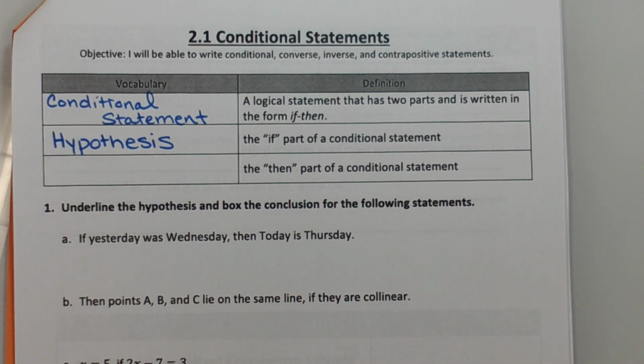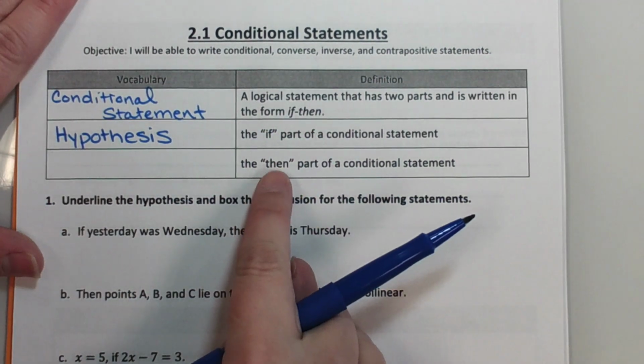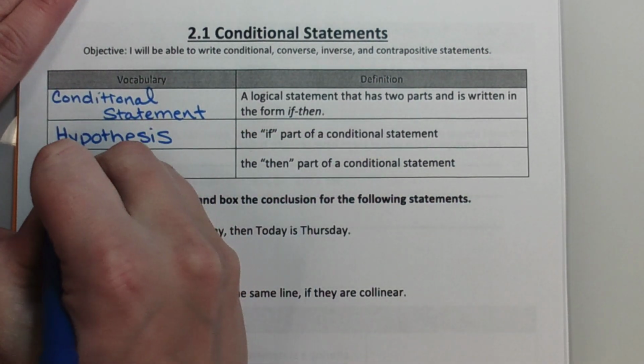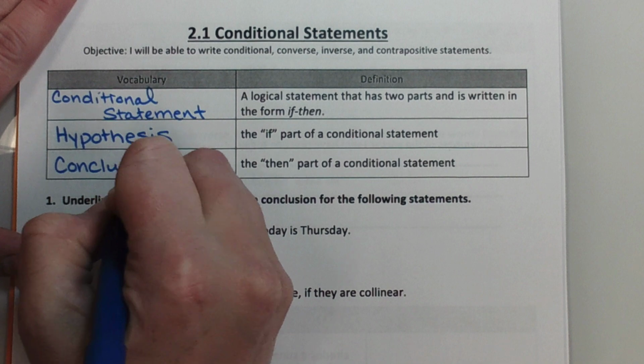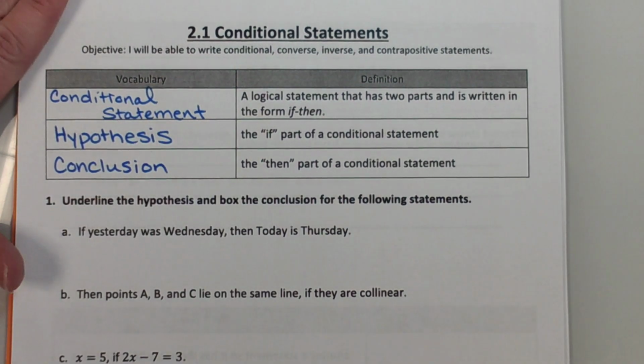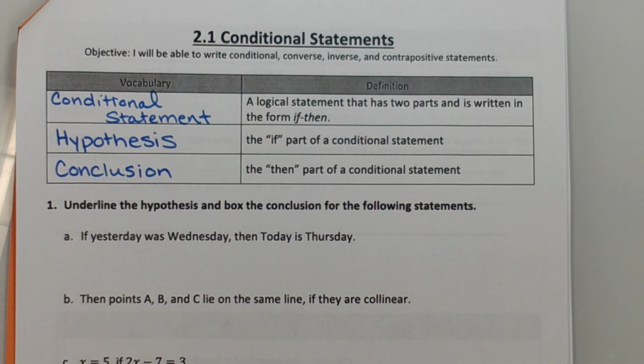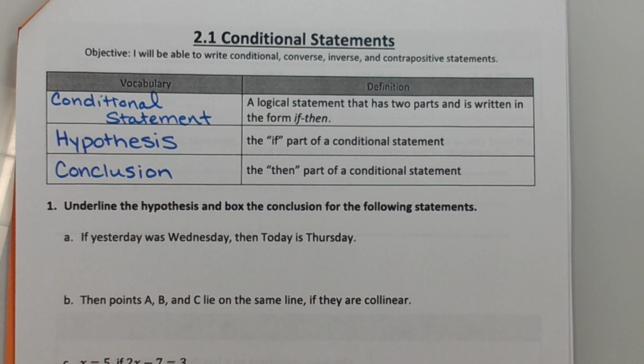And if we meet that if, then the then piece is called the conclusion. Now, one of the important things in this class is we have to be able to recognize what is hypothesis and what is conclusion, even if the if-then statement isn't written in a traditional if-then format.